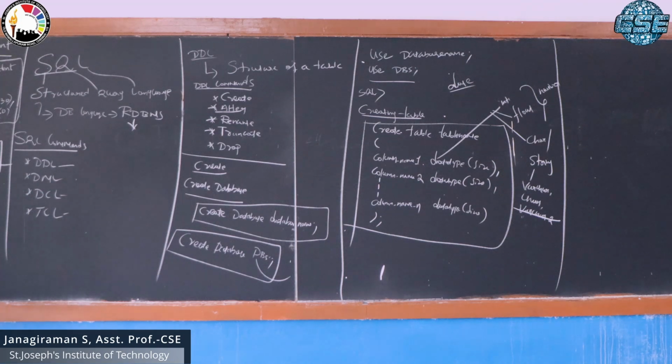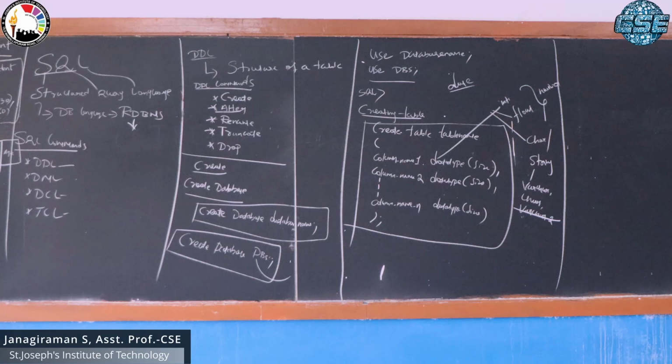Okay, so here I just want to add one more column, that is called age. Already I have 3 columns: register number, name, department. I just want to add one more column called age. So the structure was already created. I just want to alter the structure.